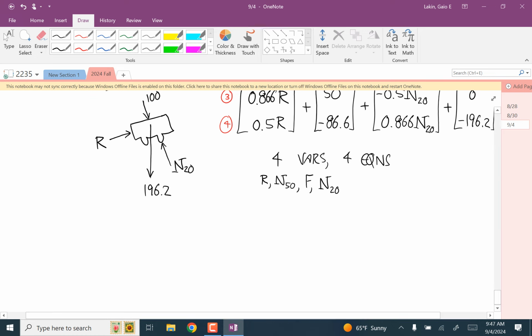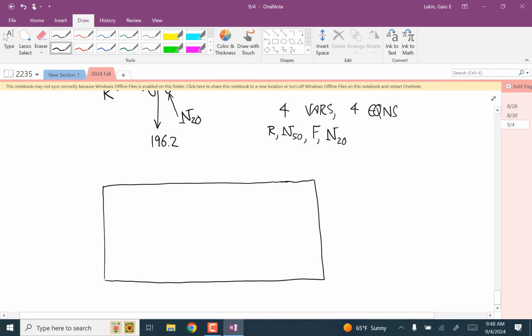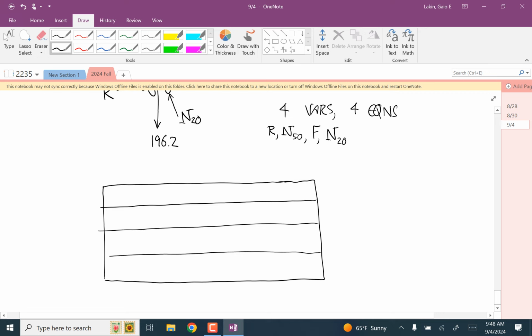Okay, so now I'm going to make the augmented matrix. It needs to have n rows and n plus 1 columns. So it's going to have 4 rows and 5 columns.